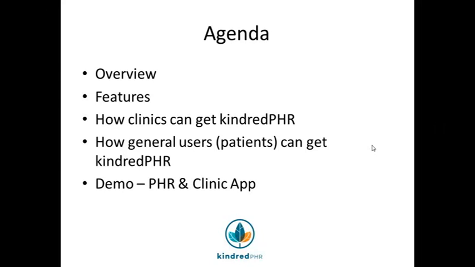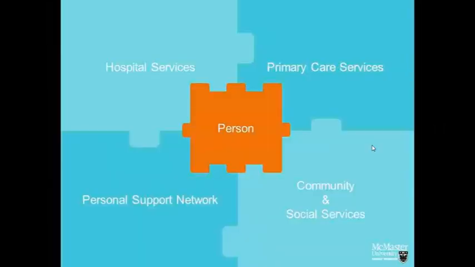And over the next few slides, I'll explain what the difference between those two are. So our inspiration for creating the personal health record is really to bring the patient to the center of their health journey. One of the areas that we're obviously interested in focusing on is integrating the patient fully into the primary care services.